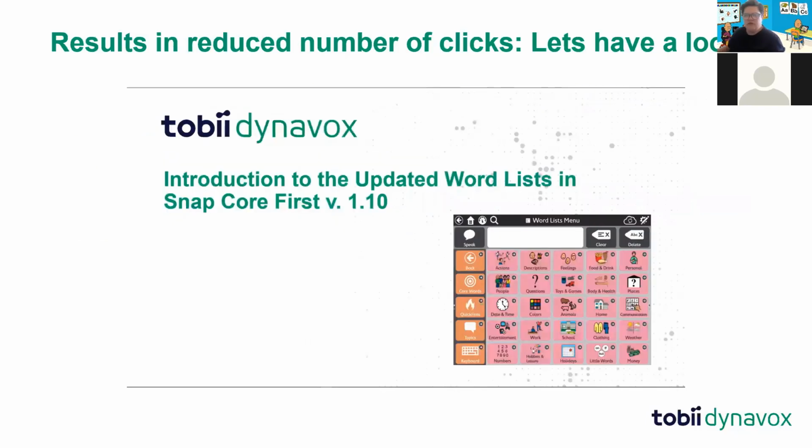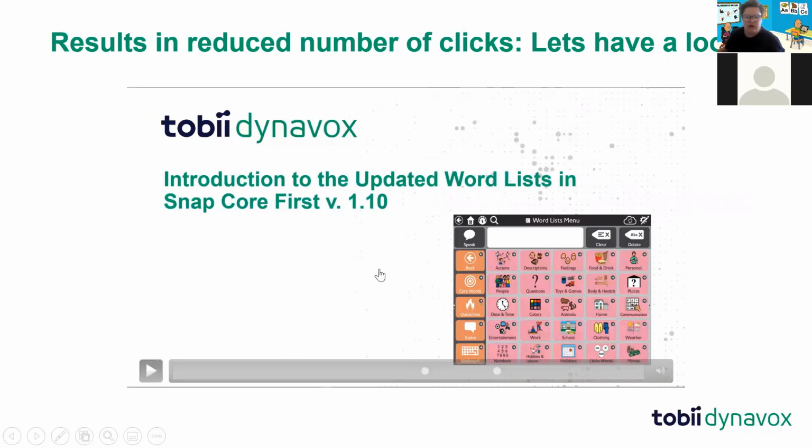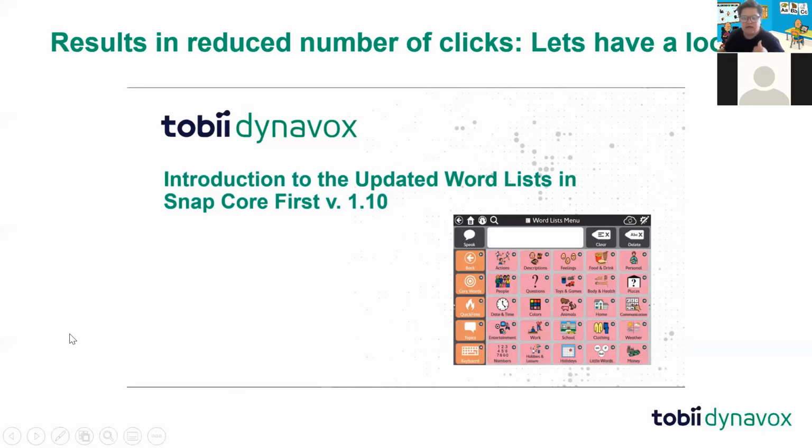So I thought it'd be useful to have a little bit of a look at a video, and I'm going to link you to this video and a couple of others at the bottom. So I'm actually recording the session today, and as a follow-up after this session, I'll send you this PowerPoint that I'm showing you, the recording, and also any links to resources that I've mentioned.